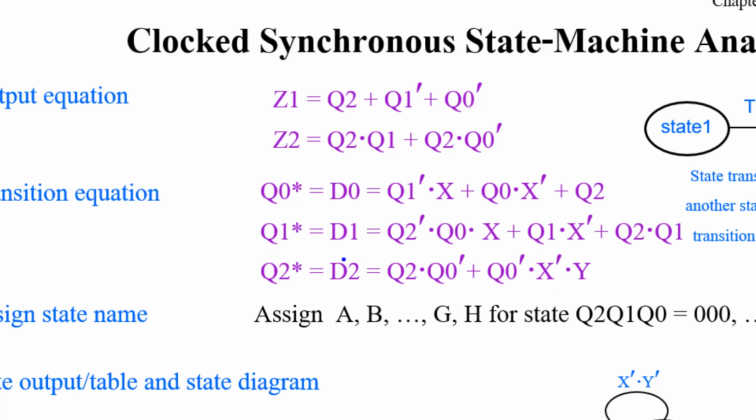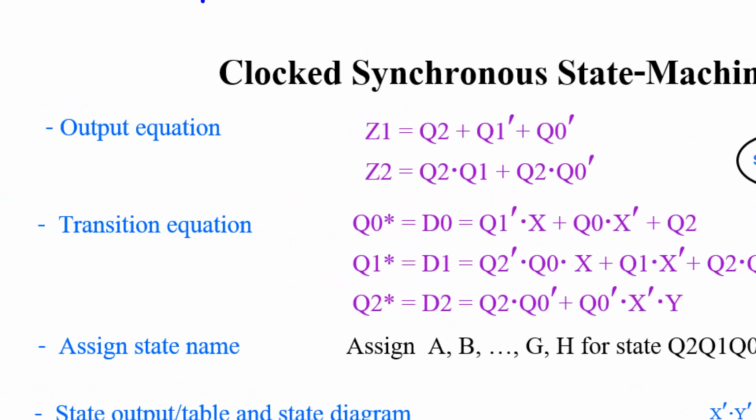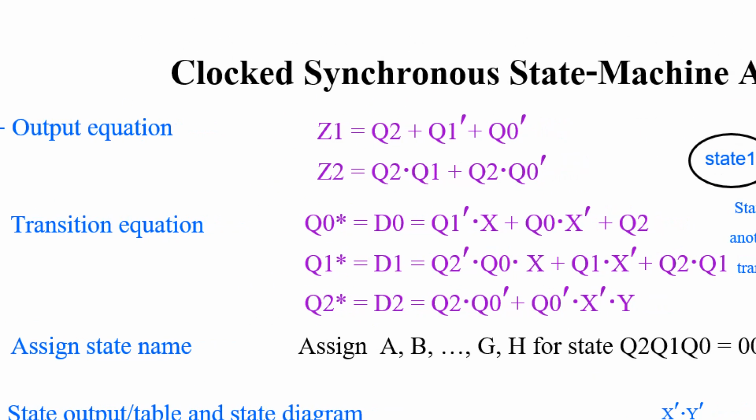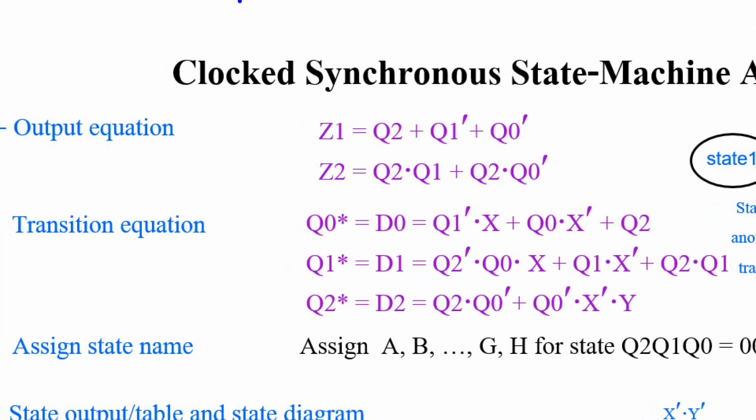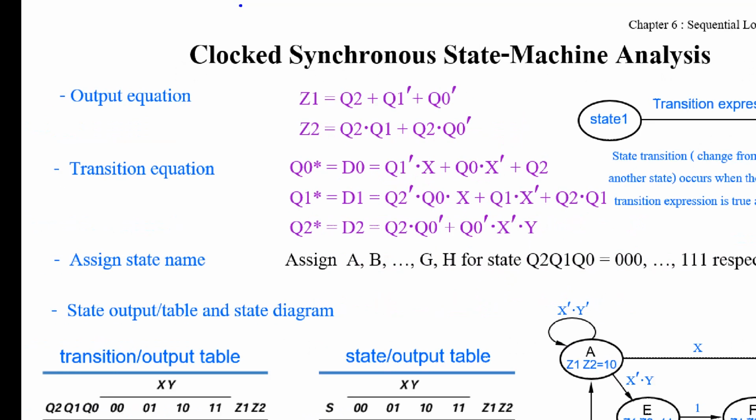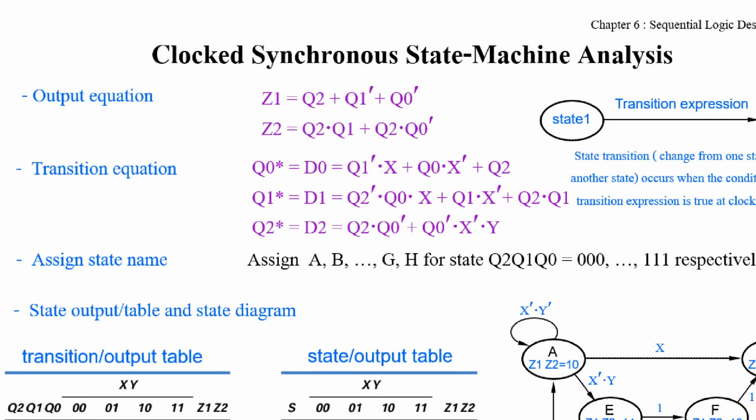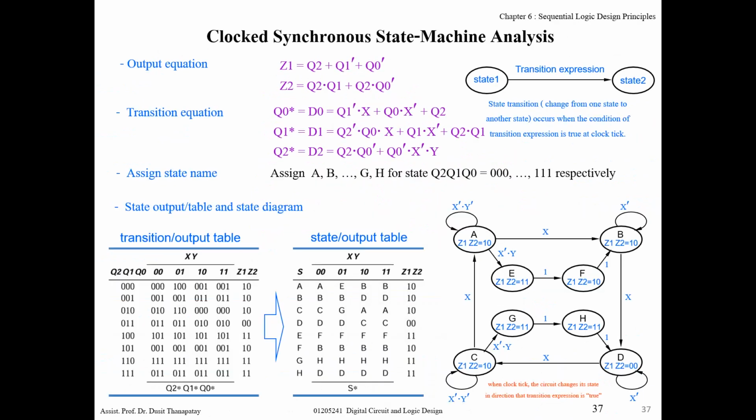So now you get the output equation and the transition equation, and you can finish your analysis. Anyway, for convenience, when you use the result to analyze state transition or output for each state, normally we will write it in a state output table or state diagram.